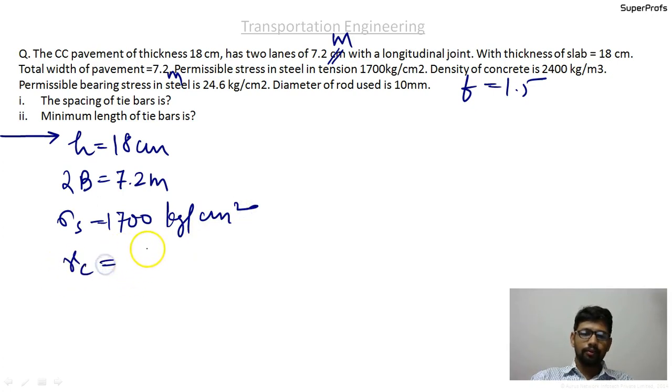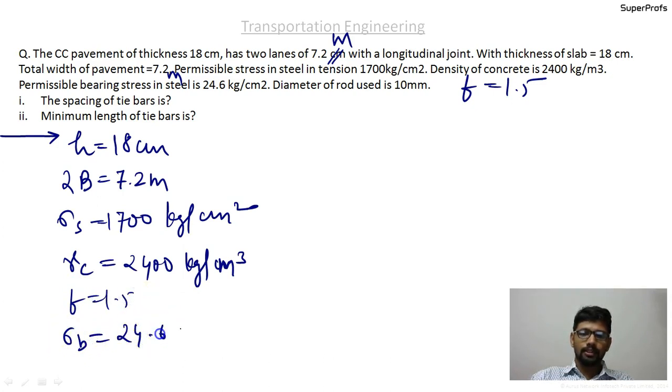Gamma C, the unit weight or density of concrete, is given to be 2400 kg per meter cube. F is given to be 1.5. Sigma B is equal to 24.6 kg per centimeter square, and phi is given to be 10 mm.